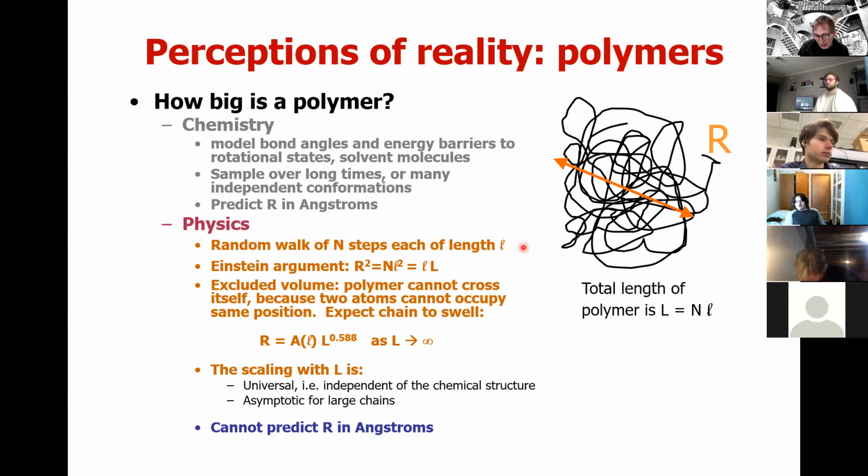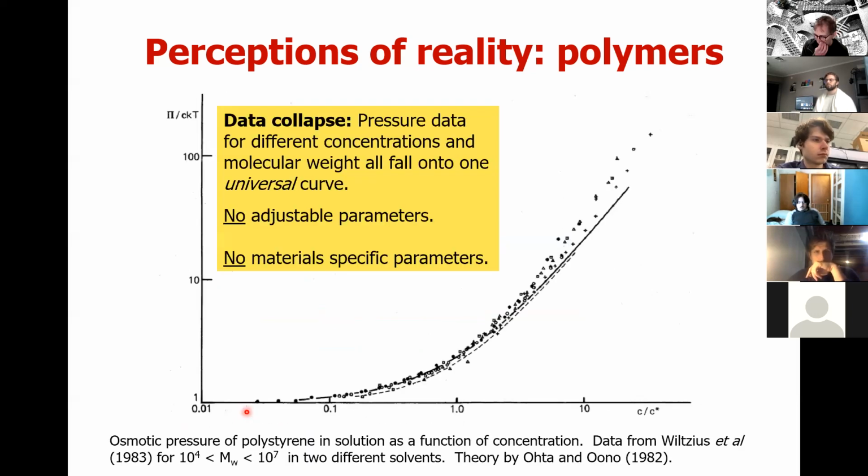So this is again a nice way to answer the question. It tells you how the length scales, but of course it doesn't predict for you what the size of the polymer molecule is in angstroms. So you get two different answers to those questions, depending on what you're interested in.